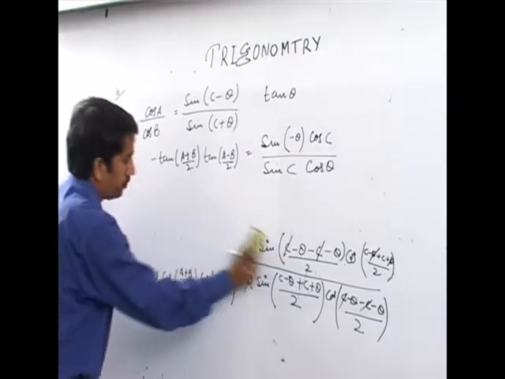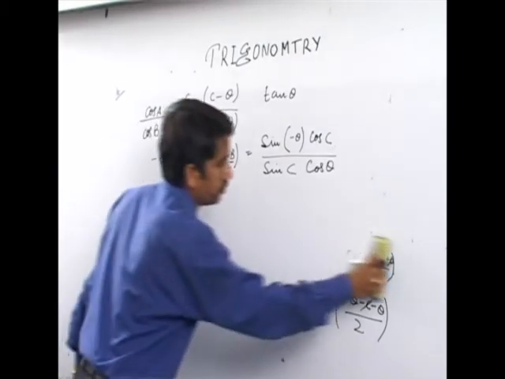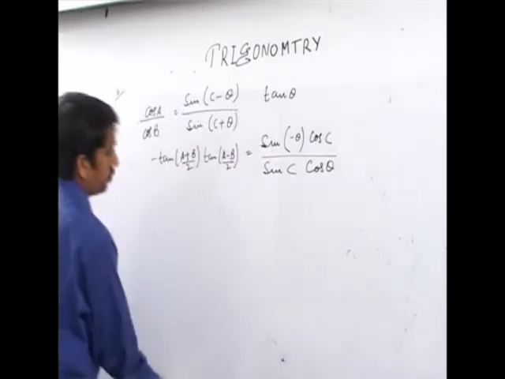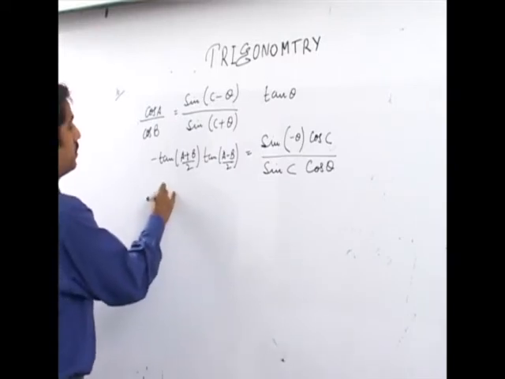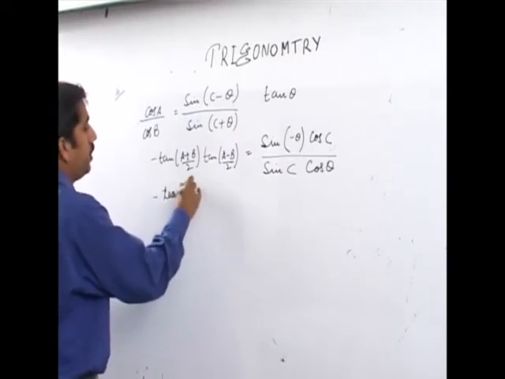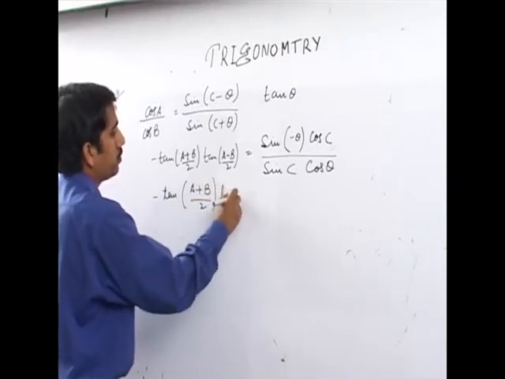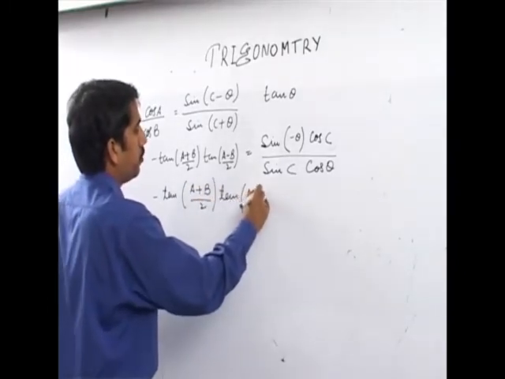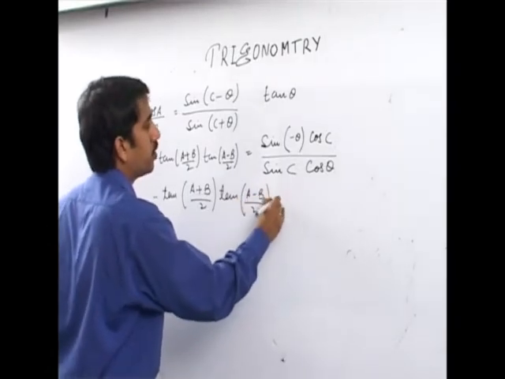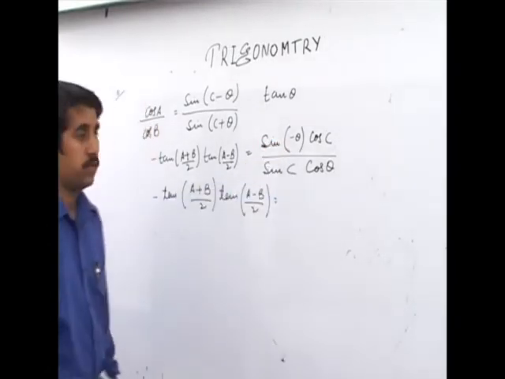Now this will be equal to minus tan of (A plus B)/2 tan of (A minus B)/2 is equal to, again, minus sin theta over cos theta.